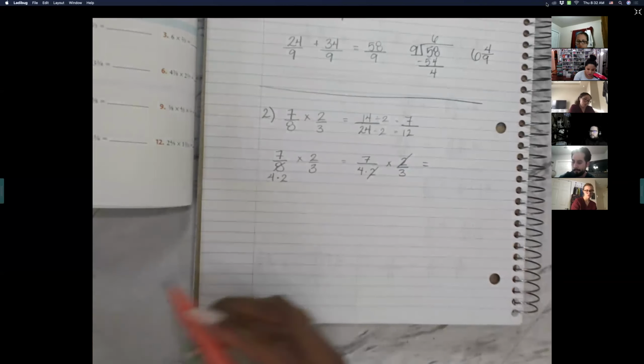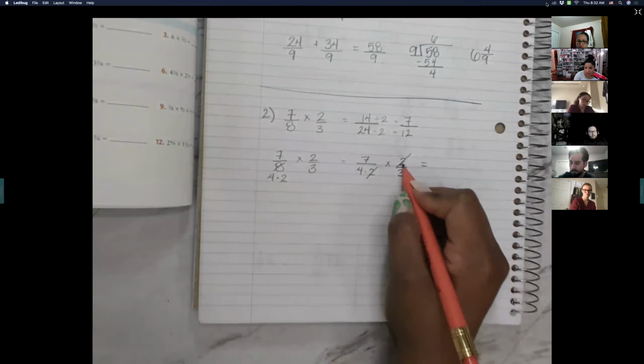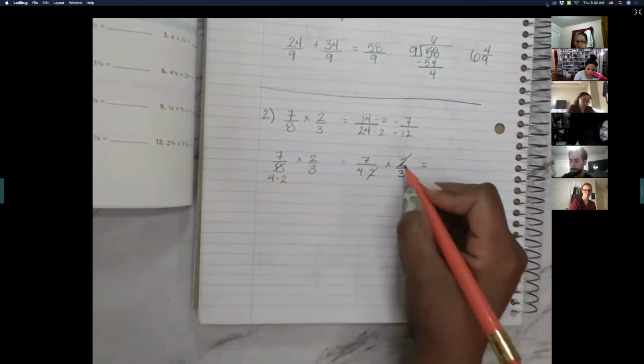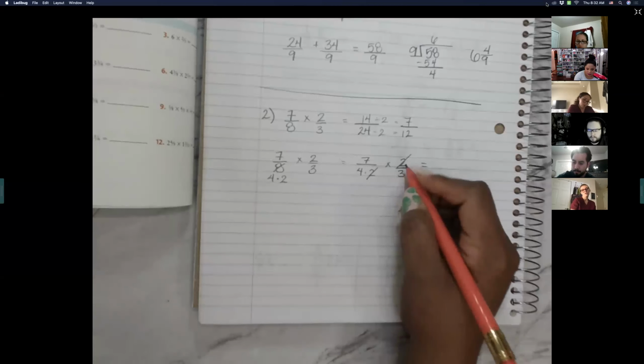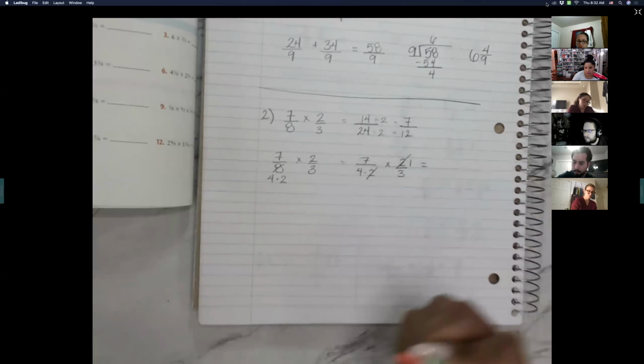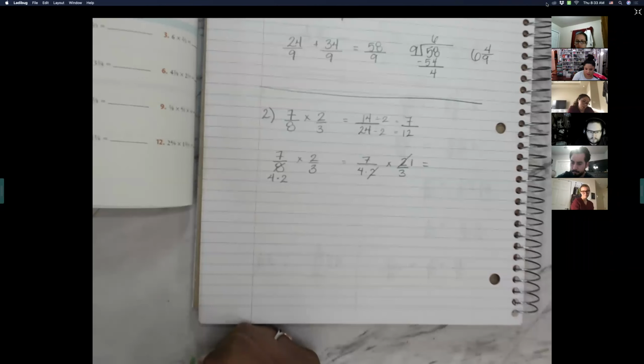Okay, so because I canceled the 2 here, I want to put something there just to remind me. So in this fraction, we just canceled a numerator, right? So I'm just going to put a 1 there as a placeholder, just to remind me that something still existed there, but I just canceled the 2, okay?